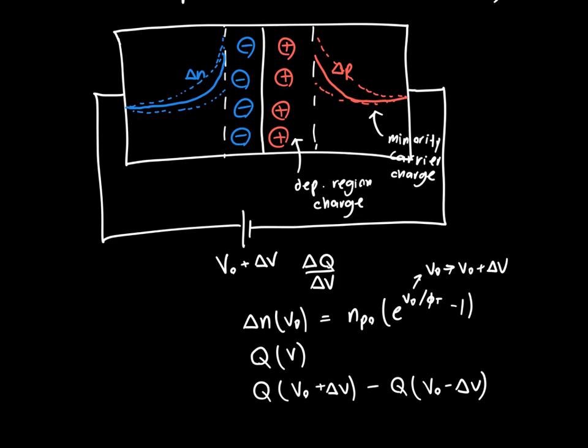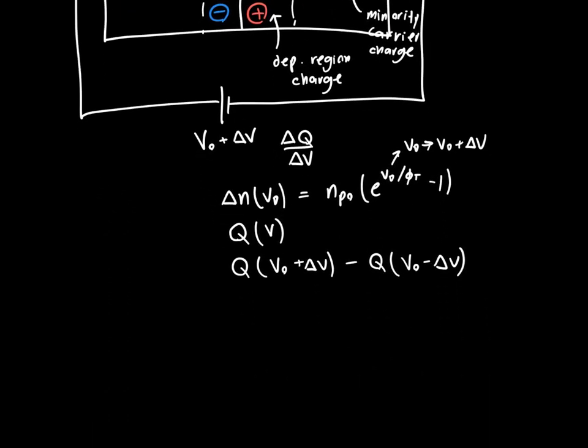So we have an expression for the number of electrons at the surface as a function of V. And if we're interested in the total number of electrons, we're going to need to know how the electrons look throughout the entire diode. So we're going to need the x dependence on it.